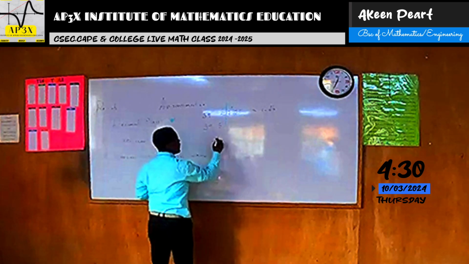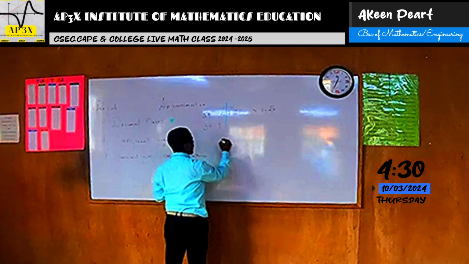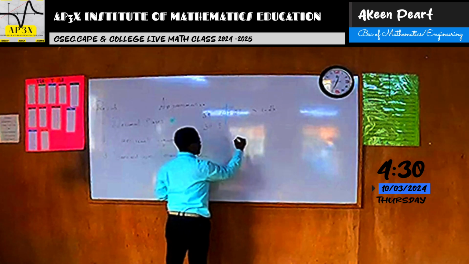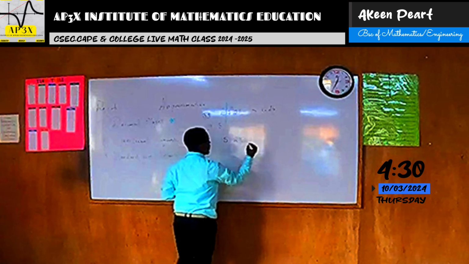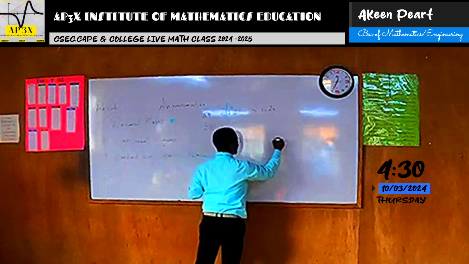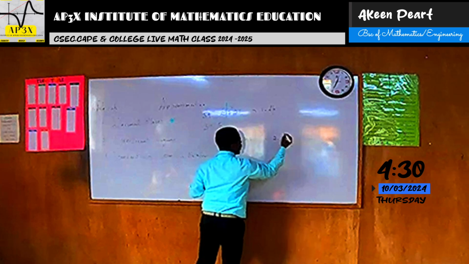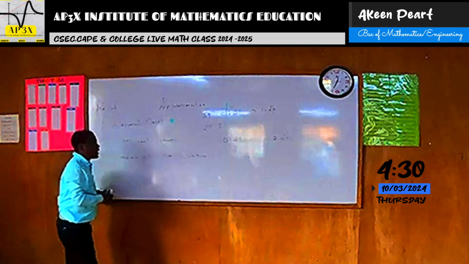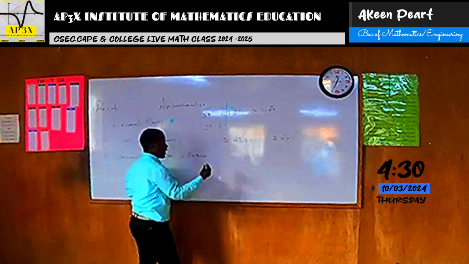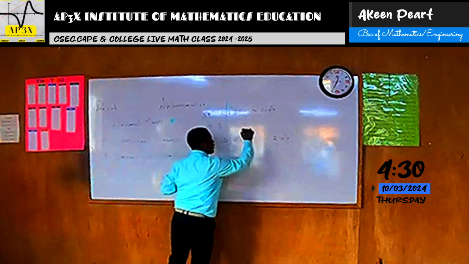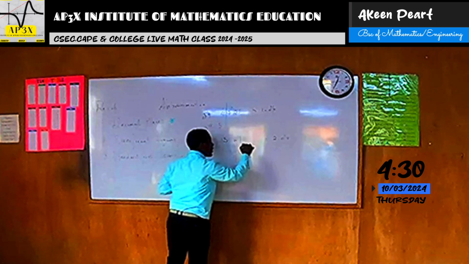Now, let's say we have a number like 15.2837, and you were asked to round this off to 2 decimal places. The second digit after the point is 8. So we draw a line again right between the 8 and the 3.